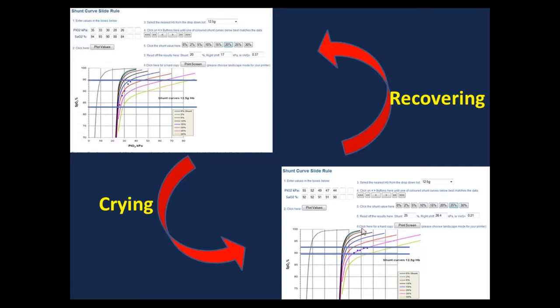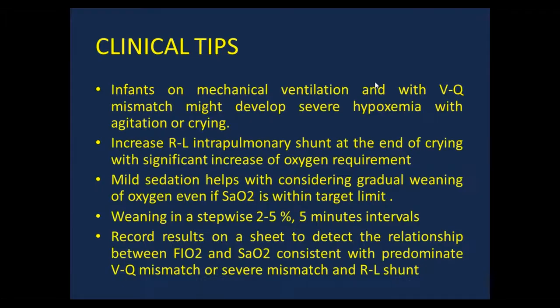He changed to a more significant ventilation perfusion mismatch and a more significant right to left shunt, and now he's requiring more oxygen. You need to settle this infant, and once he recovers, you can wean his oxygen back, but you have to wean his oxygen very slowly.